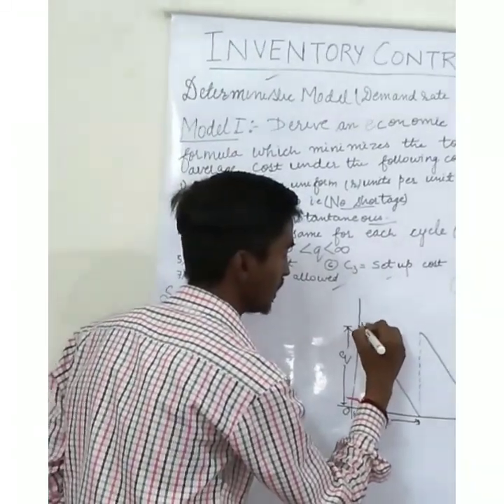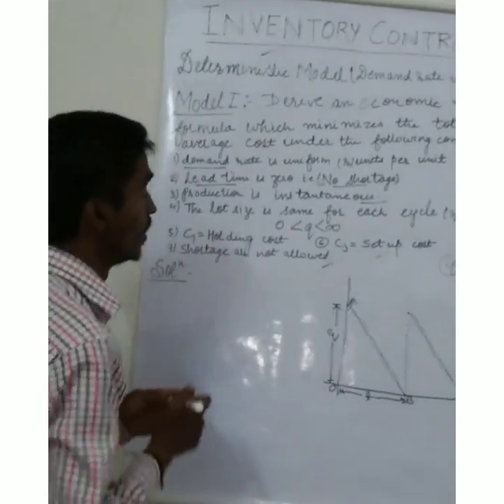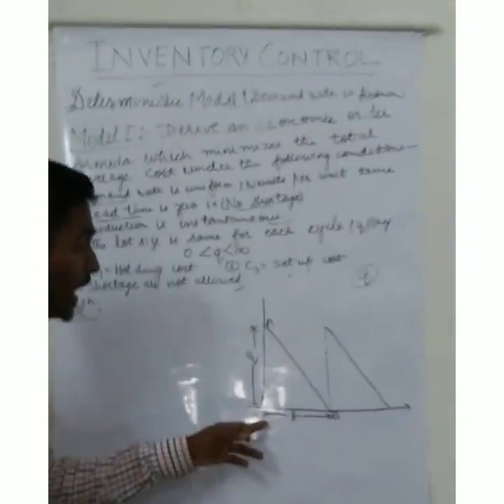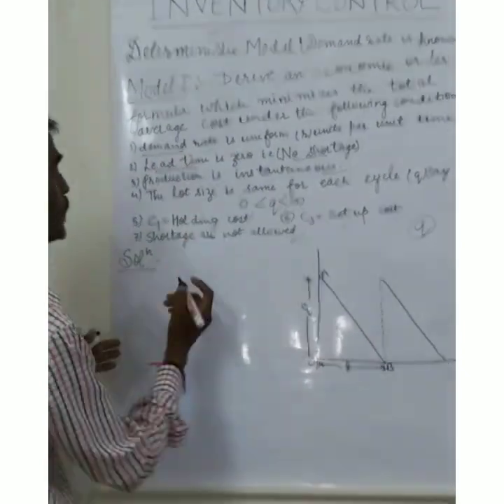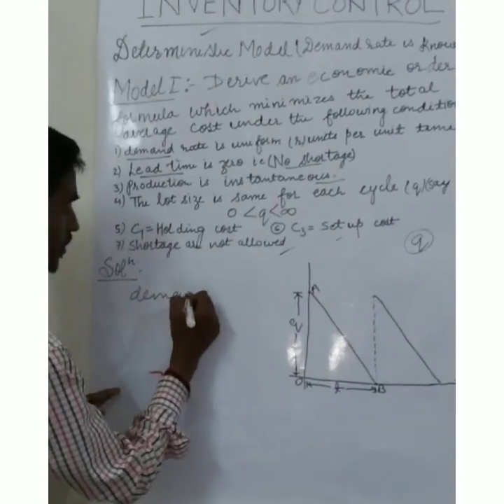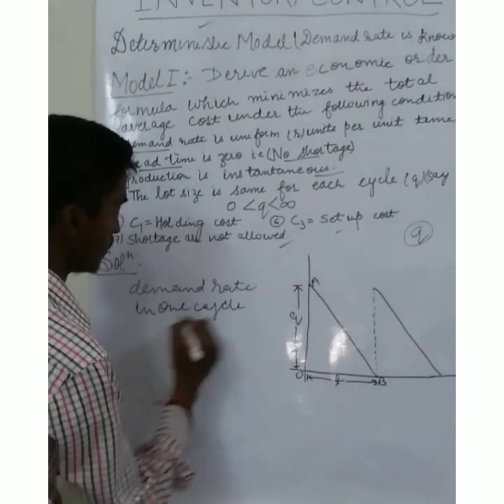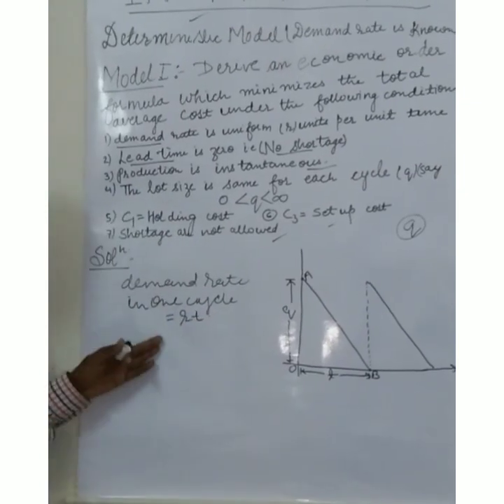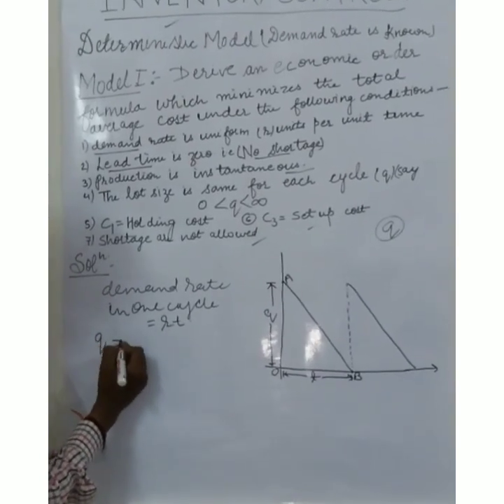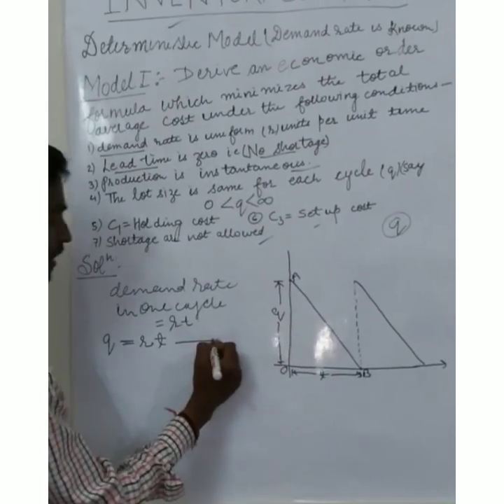This point is known as A. This point is B. Let Q be the quantity of inventory, and at the time interval T, since the demand rate is uniform, the demand in one cycle is equal to R into T. Since the demand rate is uniform, the quantity Q produced in one cycle is represented by Q equal to R into T. This is equation 1.